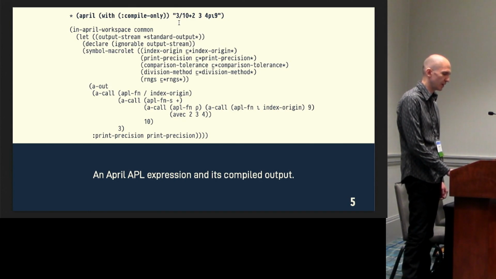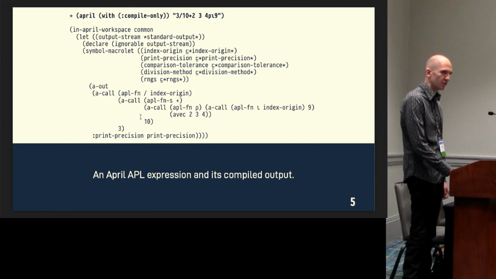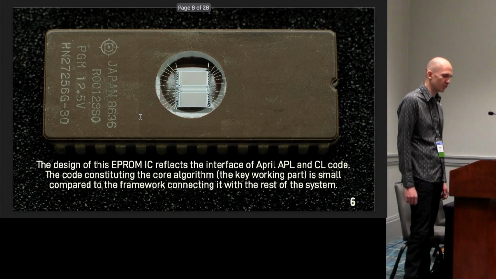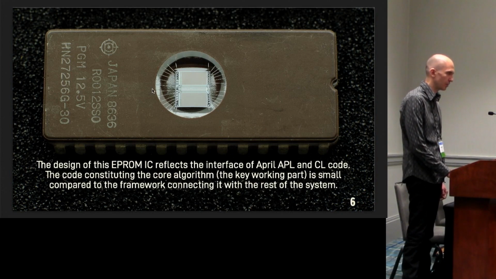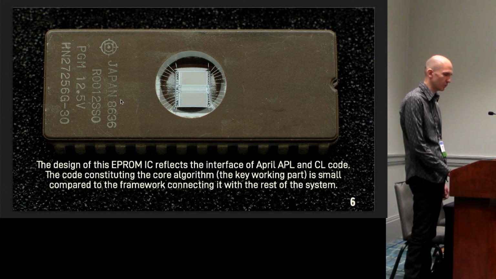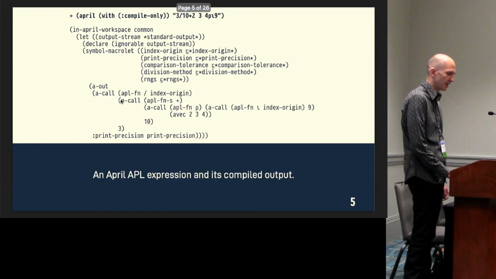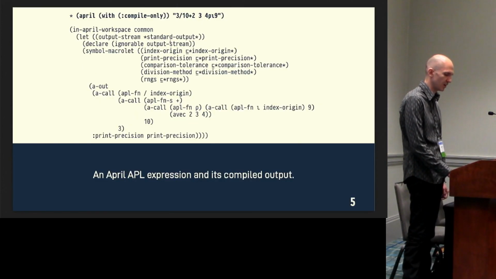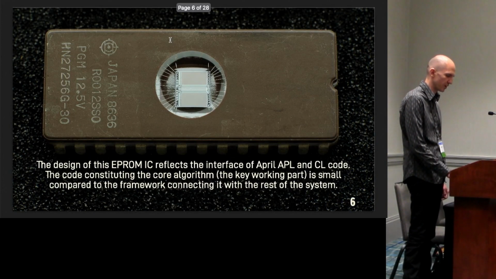So this APL code is expressed in this way in Lisp. The design of this code can be seen to mirror the design of this chip. This EEPROM chip has a core module which is dwarfed by the framework used to integrate it with the rest of the system. And the design philosophy of April mirrors this to a degree.